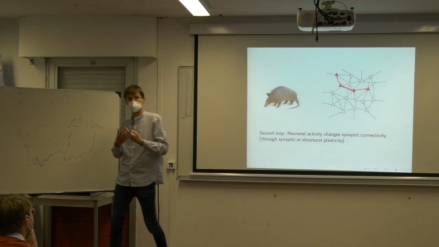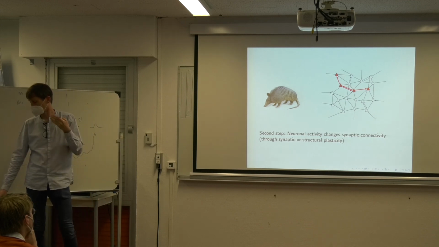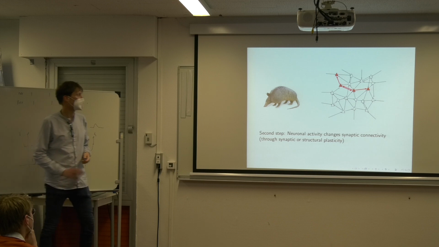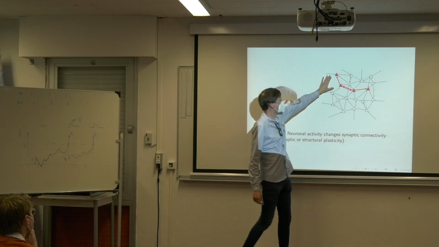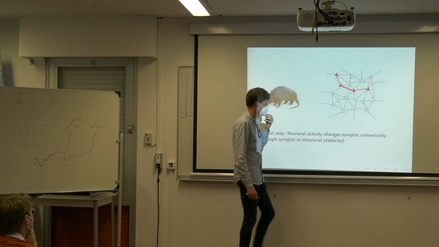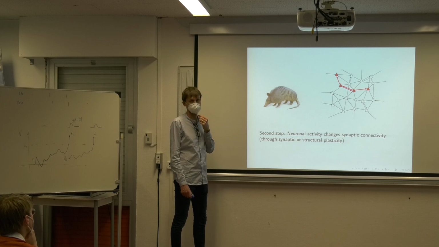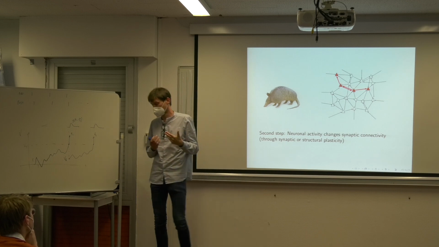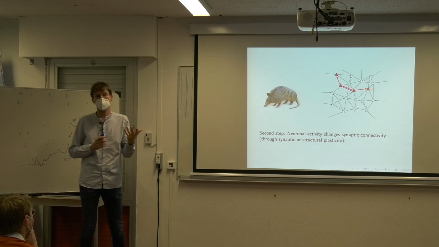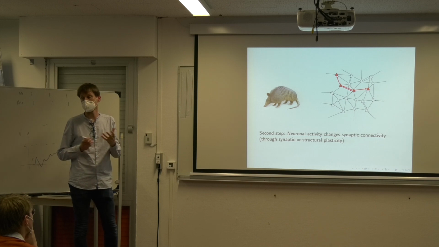And that's the storage step, where you're imprinting, in a way, the stimulus in your synaptic connectivity. What I've represented here is what is sometimes called Hebbian synaptic plasticity, from Donald Hebb, a Canadian psychologist who wrote this very influential book in the 1940s.